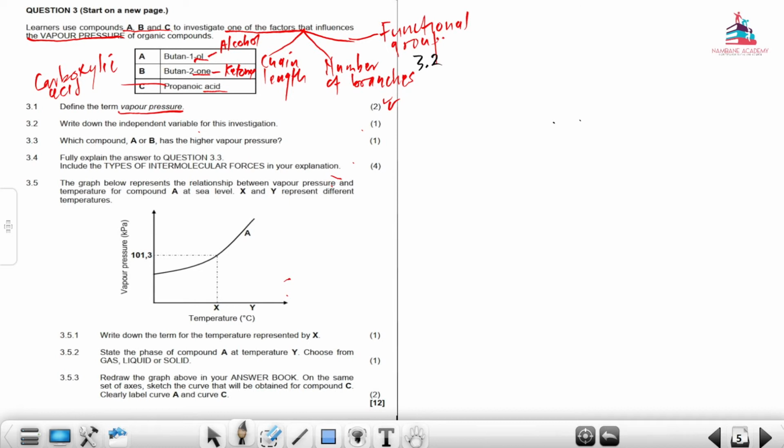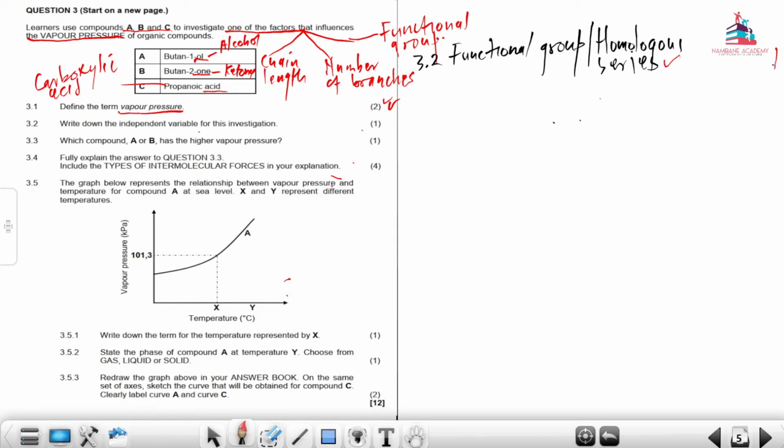So what is changing? What is changing is the functional group. That is definitely what is changing. Maybe you can also accept if one says it's different homologous series, because the homologous series is relative to the functional group. So I believe you can accept that and then get 1 mark.